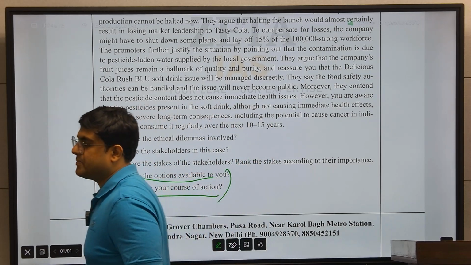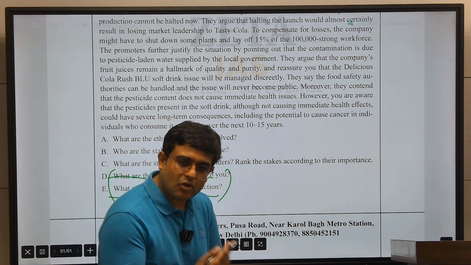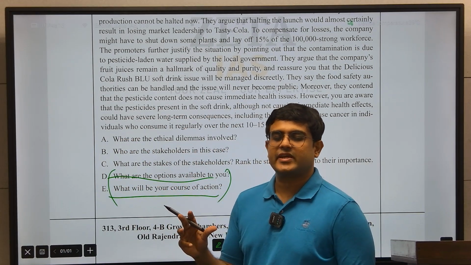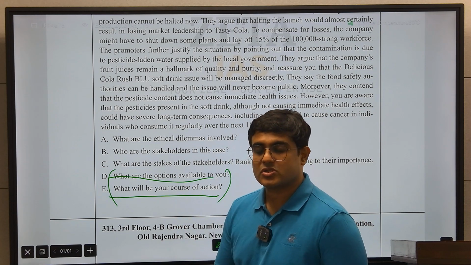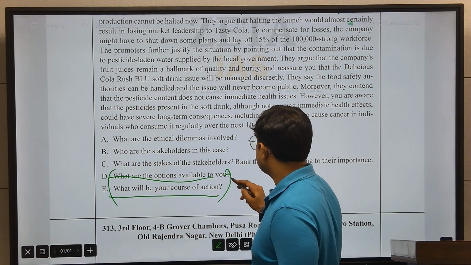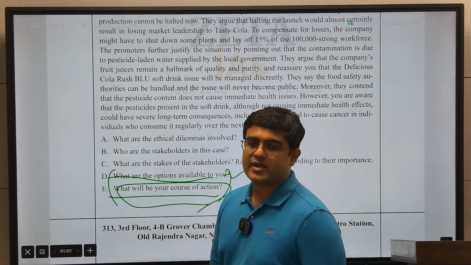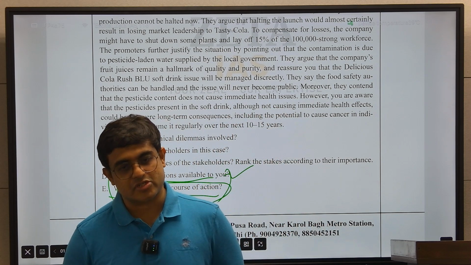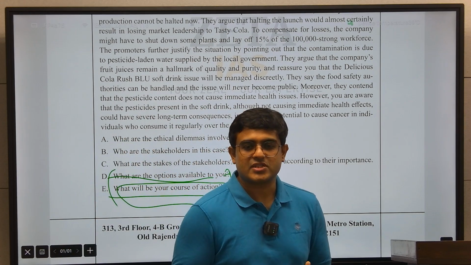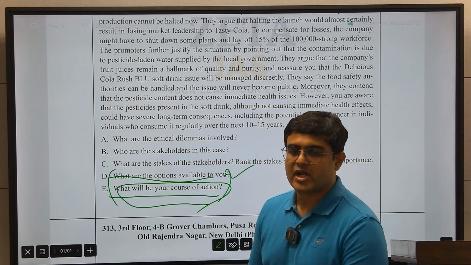See, what generally people do as a mistake, when asked what options are available, they keep on explaining the options as well. It is saying what options are available. It's not saying evaluate the options or write the merits, demerits of the options. If you write a lot of things here, what are you going to write in the next part? Course of action and options are two different questions. Course of action will be actually your decision, and you justify that decision, justify the steps you take to that decision. That is course of action.